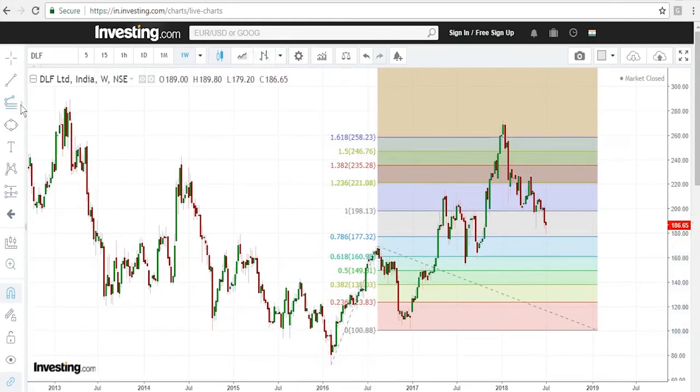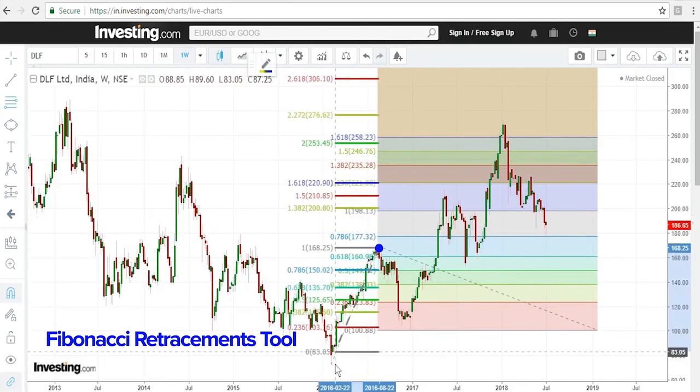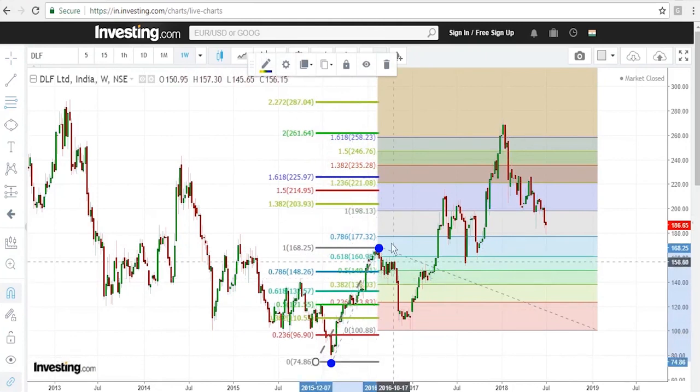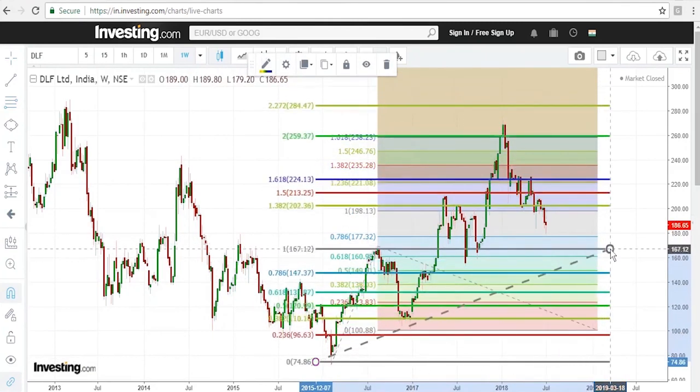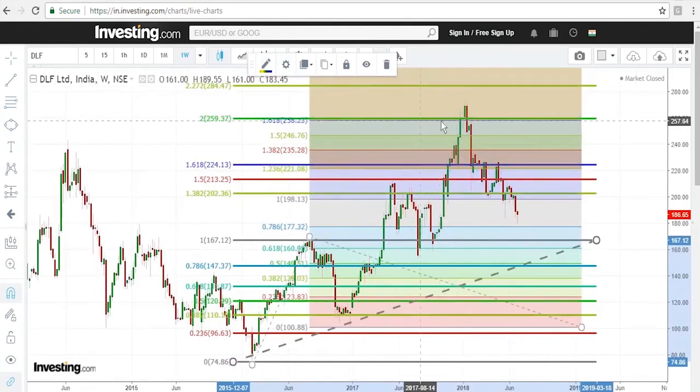So I go here and select the Fibonacci retracement tool, and I draw the lines here. I just want to extend the line from here. As we can see, this line potentially acted as the final resistance from where the market corrected.